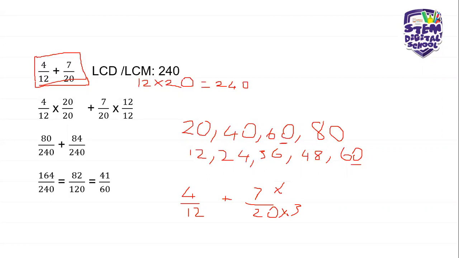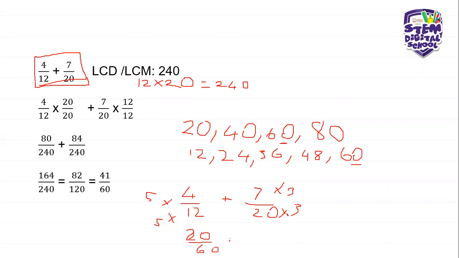And to get you into 60, I must multiply by 5 on both sides. Times 5, times 5. Then my final answer is here. This one's going to be 20 over 60.